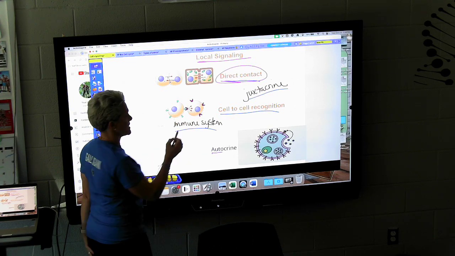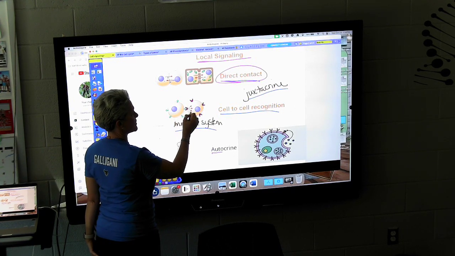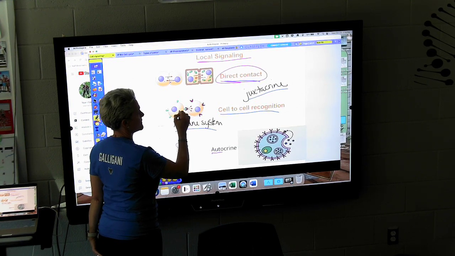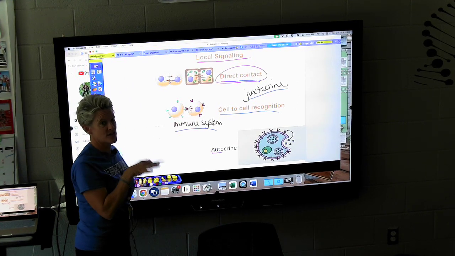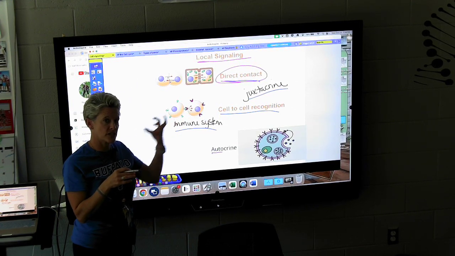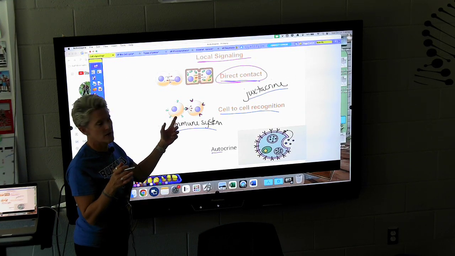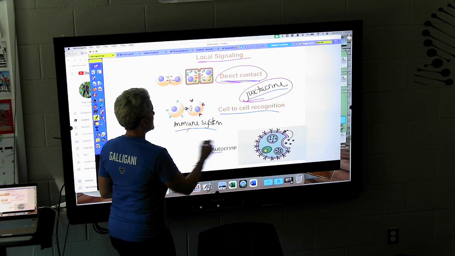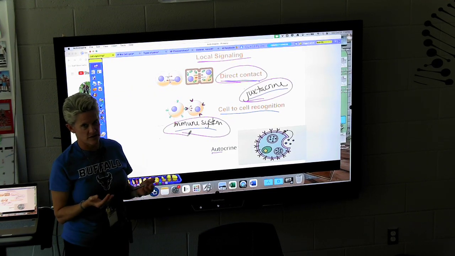Remember, proteins have shape. And it fits with a receptor on another cell that also has a certain shape, and then that cell will respond because it has a receptor that fits with that protein shape from this cell. All right, so this is cell-to-cell recognition, called juxtacrine. This is huge in the immune system.